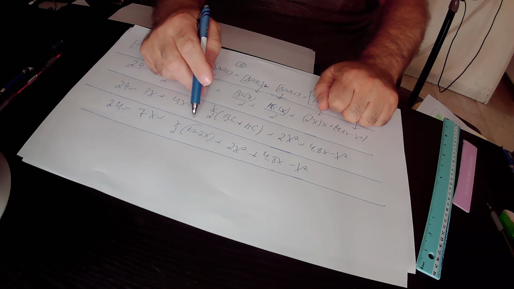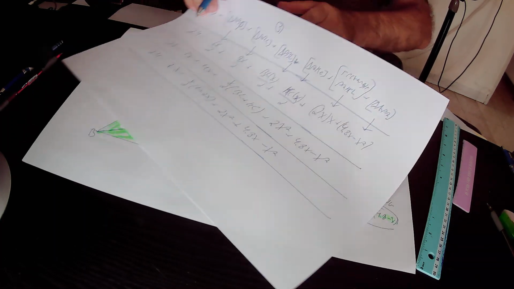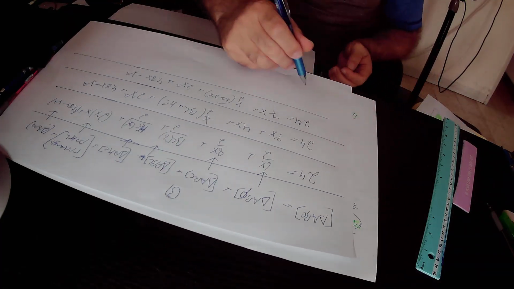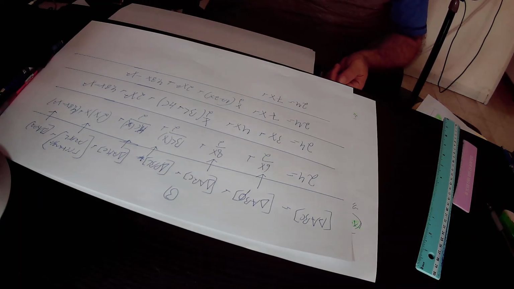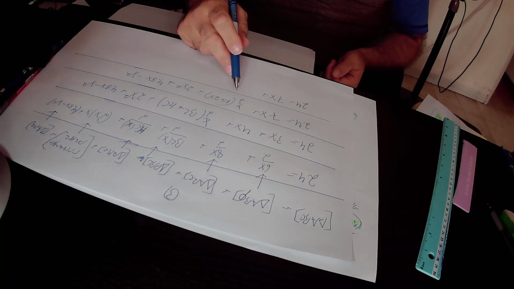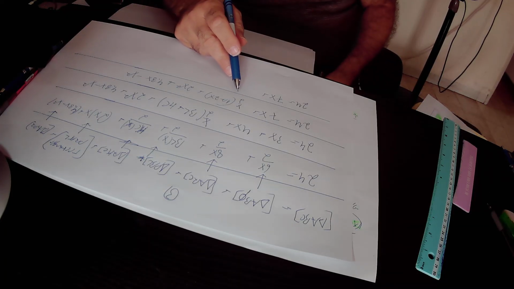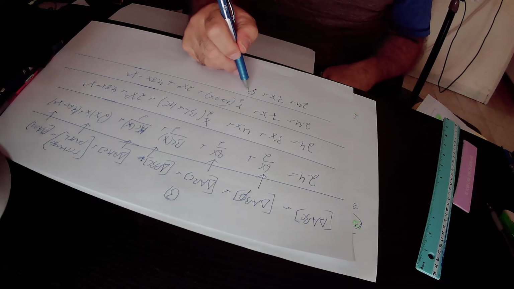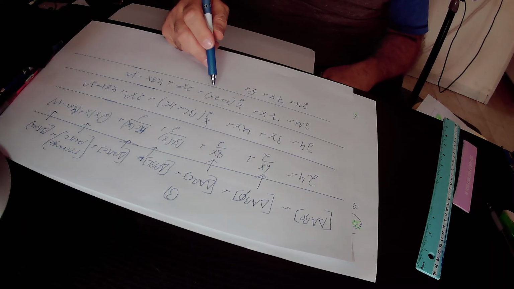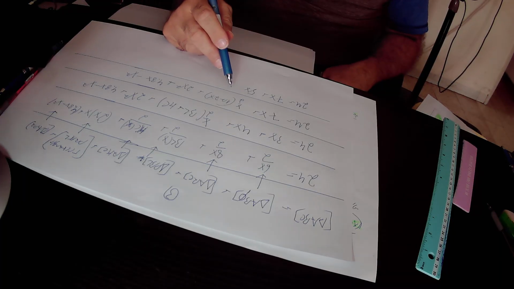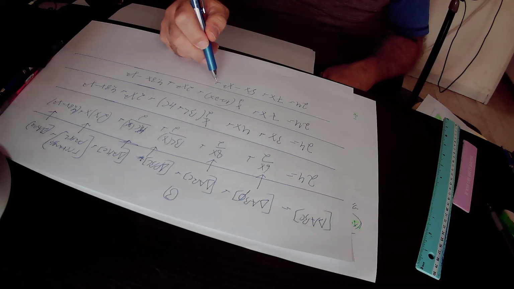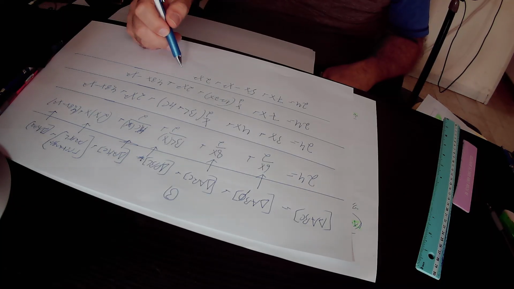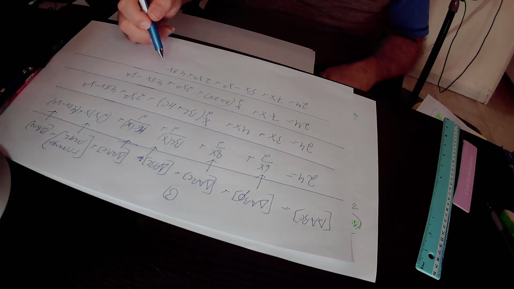So we'll open the brackets here. 24 equals 7x plus x over 2 times 10. 10 over 2 is 5, therefore this expression equals 5x. X over 2 times minus 2x: minus 2 over 2 is minus 1, so x times minus x is minus x squared. We also have 2x squared plus 4.8x minus x squared.